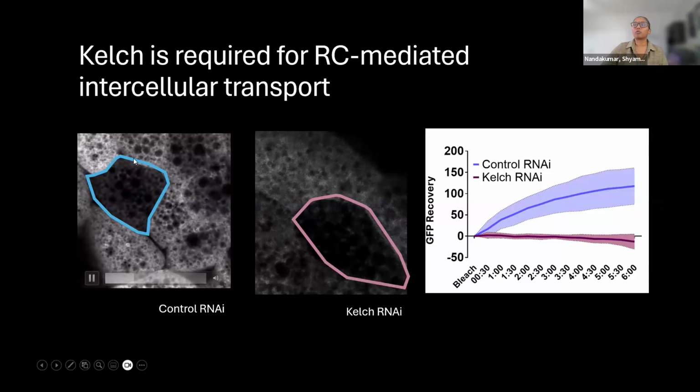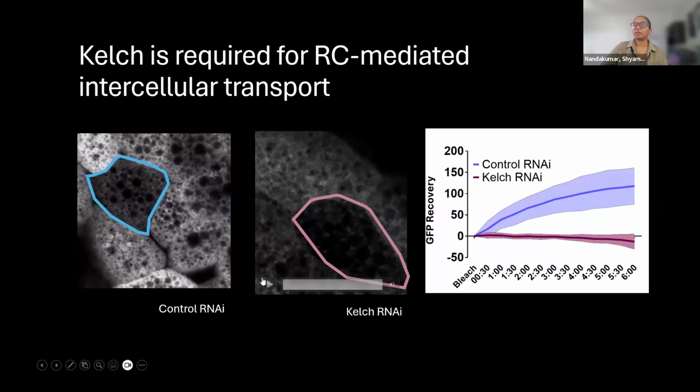So in a control fat body, you can see recovery within about 5 minutes, whereas when I knock down Kelch, the fat body is not able to robustly recover fluorescent proteins. So this suggests that making the very small ring canals much smaller renders them not functional, at least for the purposes of intercellular transport. Okay.